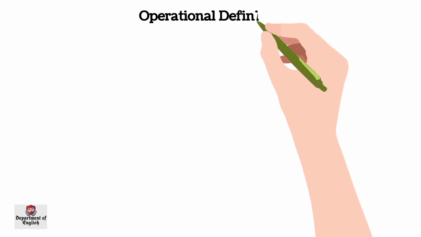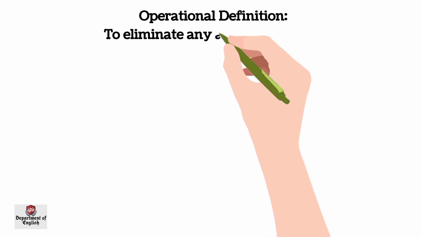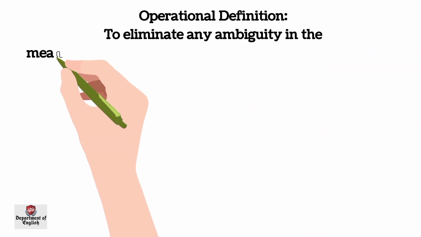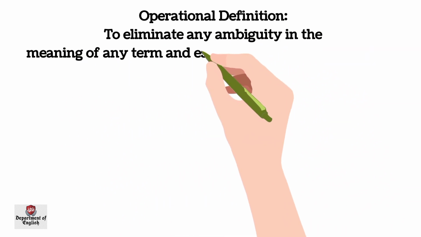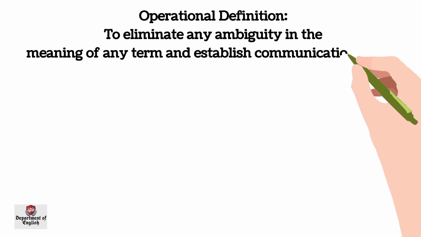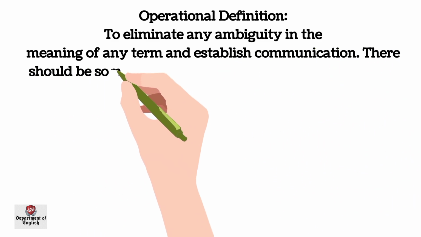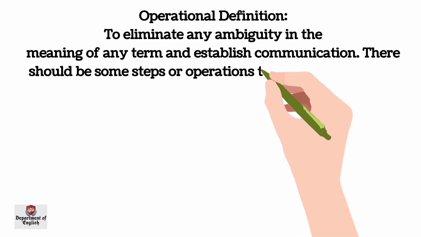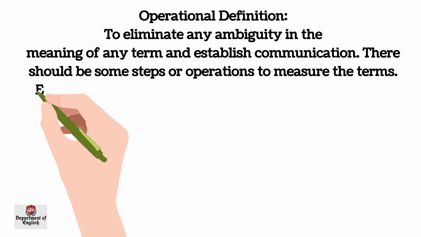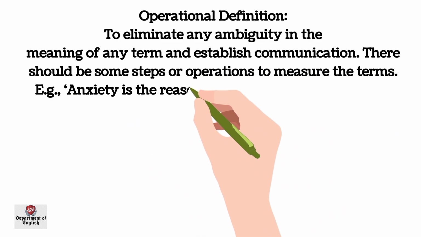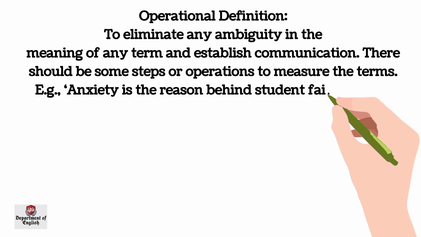Operational definition. To eliminate any ambiguity in the meaning of any term and establish communication, there should be some steps or operations to measure the terms. E.g., anxiety is the reason behind student failure in the test.